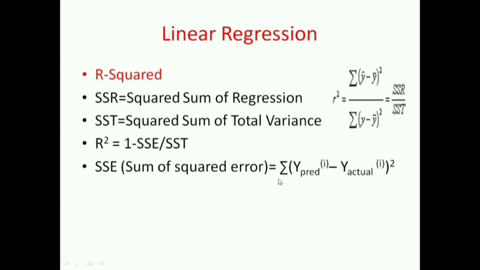But the sum of squared error is something that we discussed in the earlier slides, that is the difference between predicted values of y minus actual values of y, take the square of it and sum it up for all the data points. So this is how you can calculate the R squared.